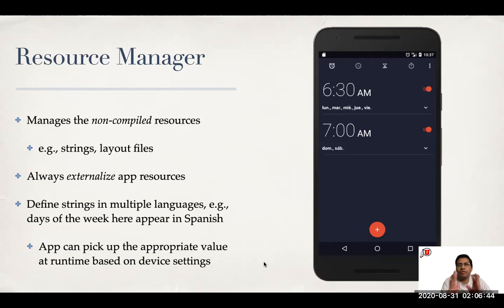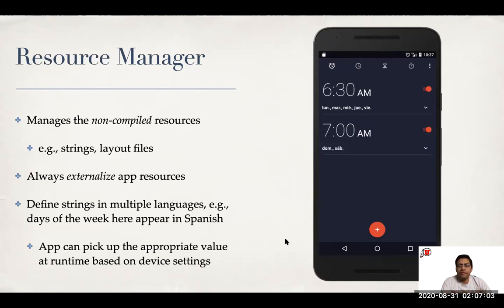So how does this come into the picture here? If you use the resources in Java, then at all the places where you're going to use the Spanish names, you'll have to write it in your Java code.